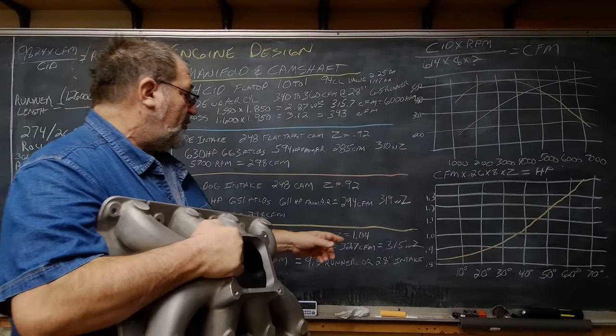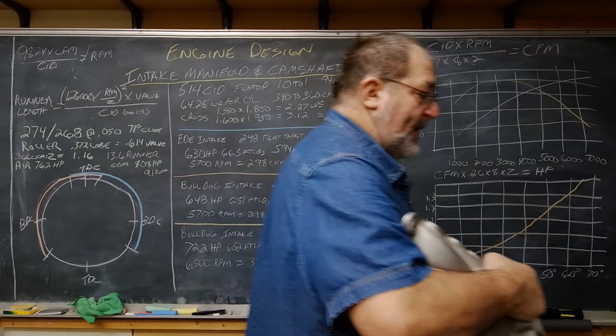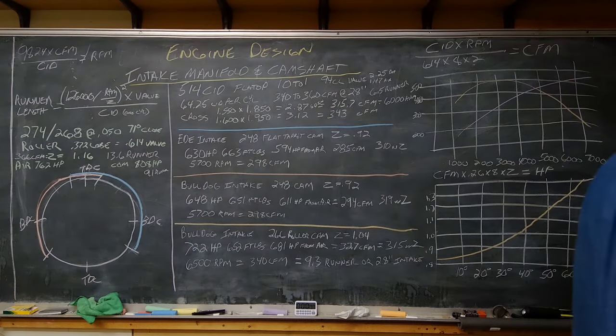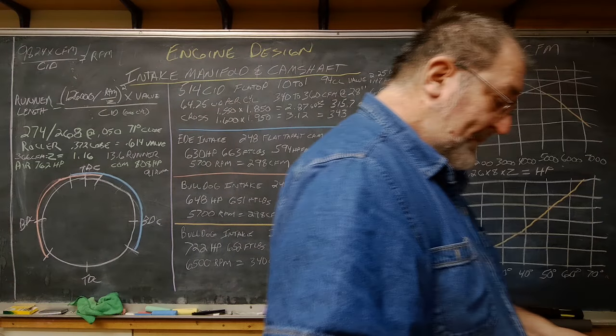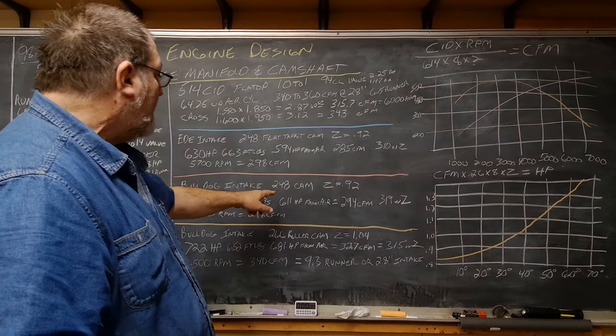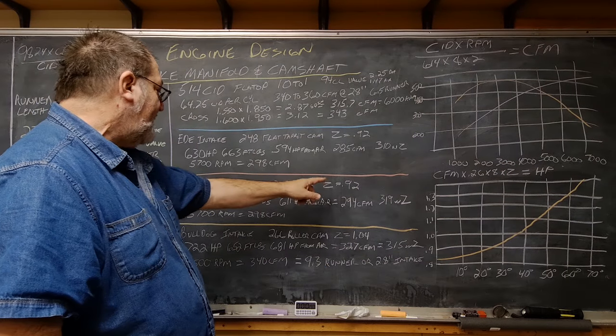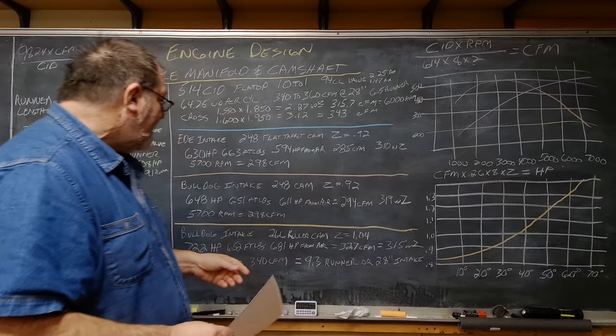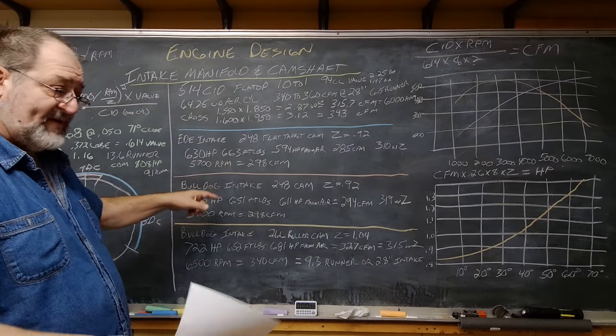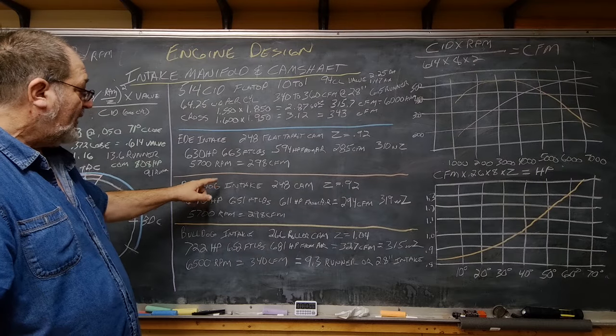So with 2.8 inches, what happens? What happens at 65? Is that where it peaks? Well, let me show you. Hopefully you can see this. This is this camshaft, 248 Z at .92, the one that made 648. Now, one of the things I wanted to point out is that's got that same Bulldog intake. Why didn't it peak higher? Well, technically, it kind of did.